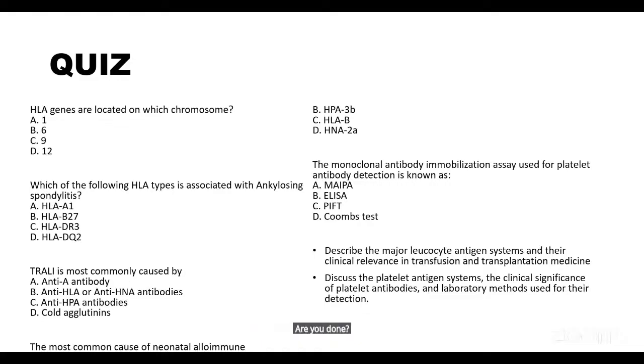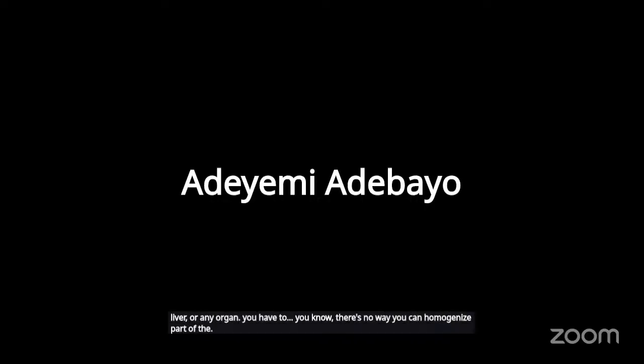Yeah, HLA actually is for organ transplantation, because HLA is like tissue. How would I put it? Tissue transplantation. For instance, if you want to transplant a liver or any organ, there's no way you can homogenize part of the organ to get it, because we would have destroyed the donor's organ.